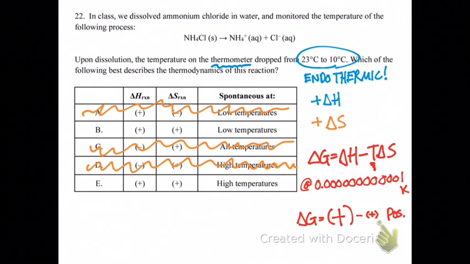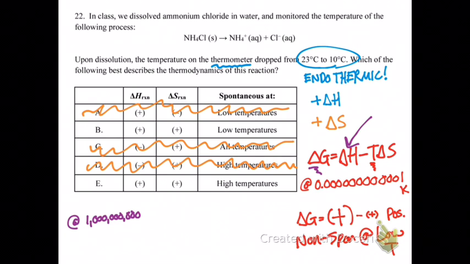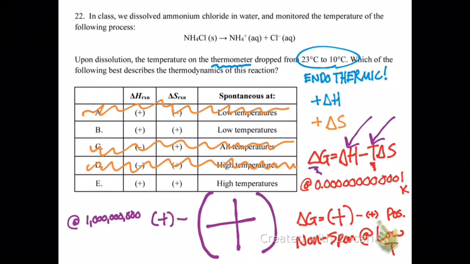So let's think of situation 2. And yes, we've technically answered the question at this point, but it doesn't hurt to go through and analyze what would happen at large temperatures. At high temperatures, let's say 1 billion Kelvin, delta G is going to equal delta H, which again is not affected by temperature, so this is going to be some positive value, minus, and if the temperature is really large and delta S is positive, a very, very large positive number.